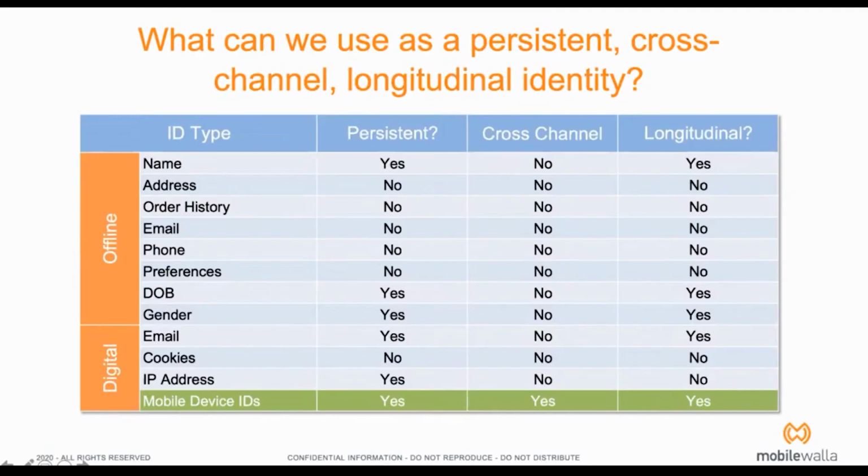Now on the digital ones, the one ID which we feel could be used across these three parameters is the mobile ID. It is a persistent ID. It doesn't change. Cross-channel: can you use a device ID cross-channel? Yes, of course, on apps it is the mobile ID. If you talk about store visits, you're likely to have your phone with you, and you can capture device IDs there.